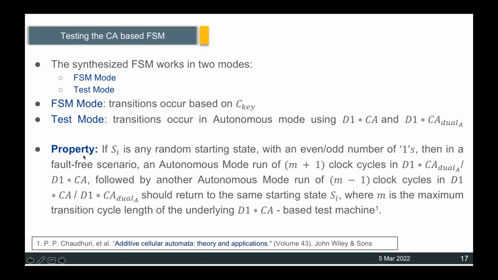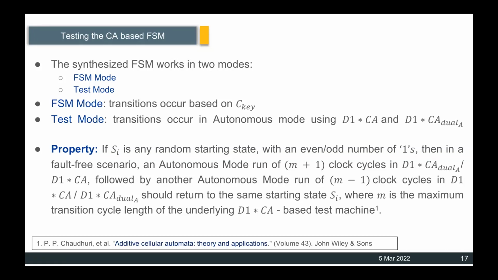The idea is that you take your cellular automata, and this is borrowed from the nice testability property of this CA, where if you start with SI, which is any random starting state with an even or odd number of ones, and if there are no faults or errors, then an autonomous mode run of m+1 clock cycles in the D1 star CA mode, followed by another autonomous mode run of the D1 star CA dual A, should return back to the original state.